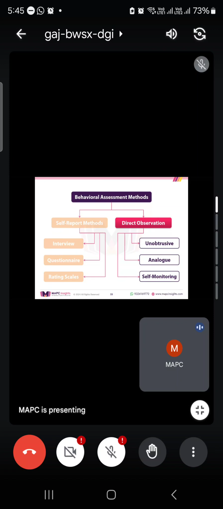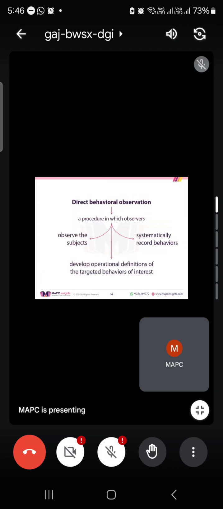So what we discussed till now is a self report method, and now we'll be talking about direct observation. Direct behavioral observation is a procedure in which the observer, normally a clinical psychologist, observes the subject, the person under study.